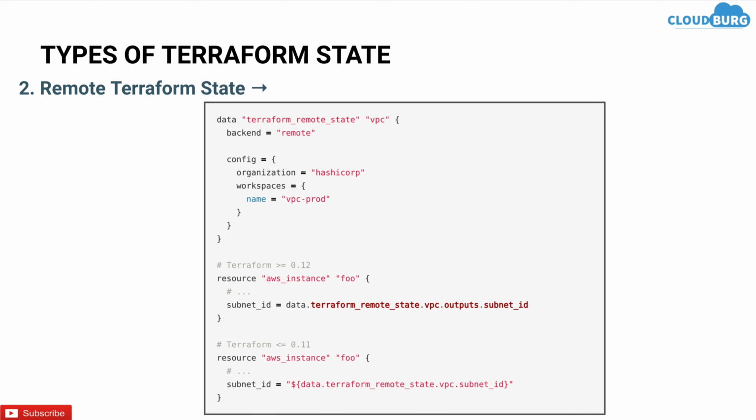Then when we create the AWS instance, it is going to directly use the VPC and all the subnet settings under this particular instance. So you don't need to worry about creating or launching another set of VPC and subnets. You can use the VPC from another state as well.